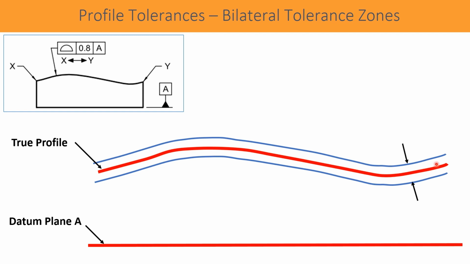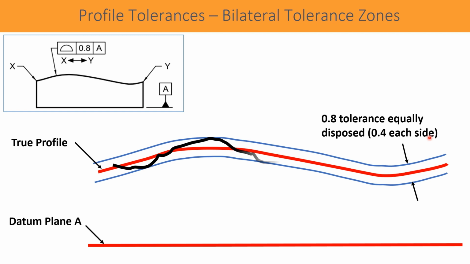So, the total value is 0.8 equally disposed, 0.4 each side, and suppose the actual profile is produced. It means this actual profile must lie within this 0.8 tolerance zone.